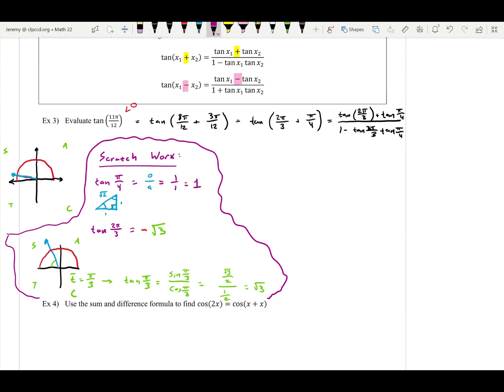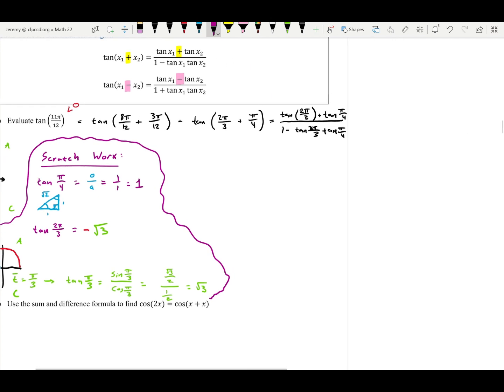So now that we have those values, tangent of 2 pi over 3 and tangent of pi over 4, we can just plug in. That's the hard part really. Now we just plug into the formula. So, negative root 3 plus 1. Okay, doesn't look too bad.